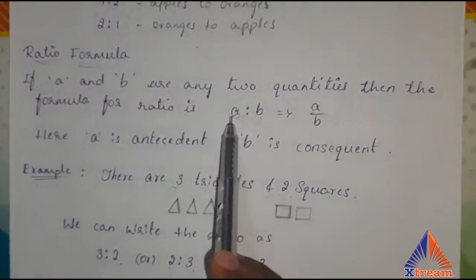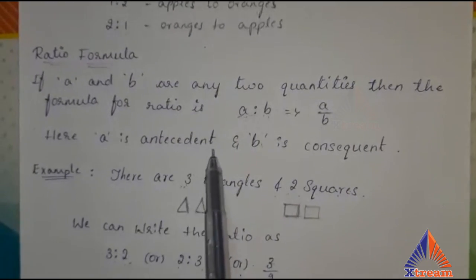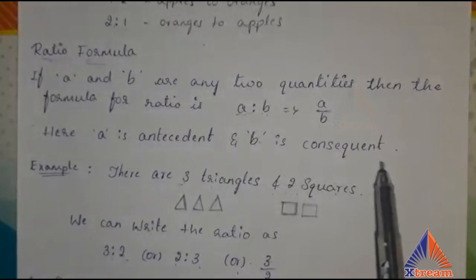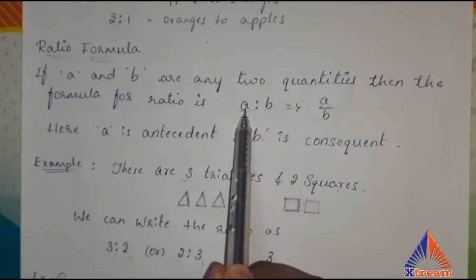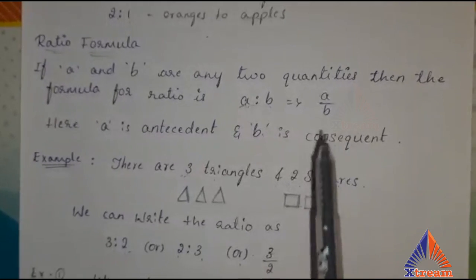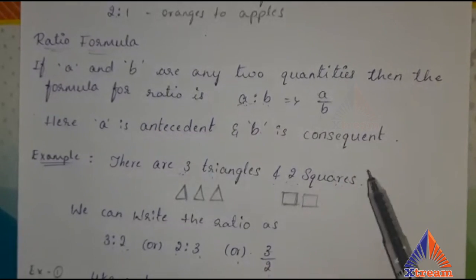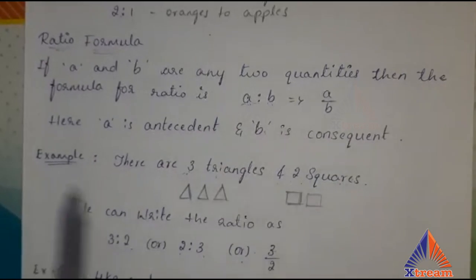And what are A and B here? Here A is called the antecedent and B is called the consequent. The first term in the ratio is called the antecedent and the second term is called the consequent. So if anybody asks you to express the ratio, you can say it like antecedent is to consequent.